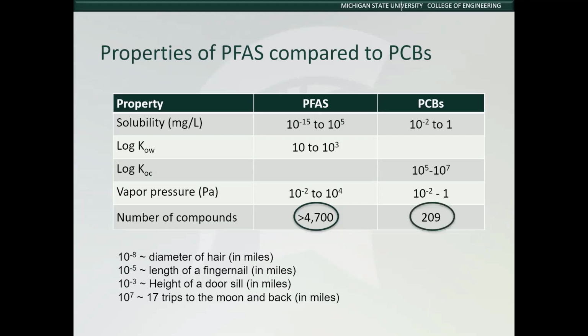There were only 209 congeners of PCB, and the properties of this group of chemicals are much more similar. For example, the solubility of PCBs varies by roughly 2 orders of magnitude. On the other hand, the solubility of PFAS varies by roughly 20 orders of magnitude.